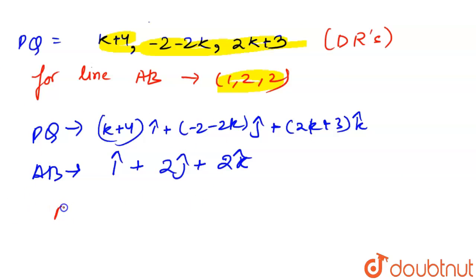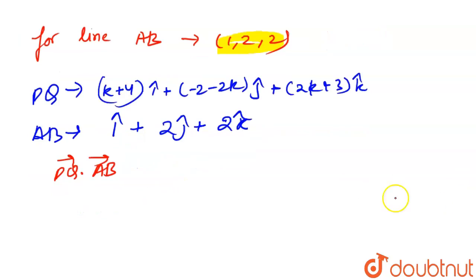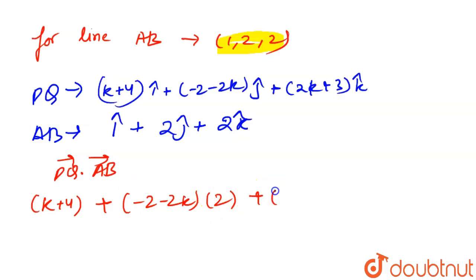So now we will find the dot product of these two direction vectors, and that will give us (k + 4) times 1, plus (-2 - 2k) times 2, plus (2k + 3) times 2. This should be equal to 0 for these lines to be perpendicular.